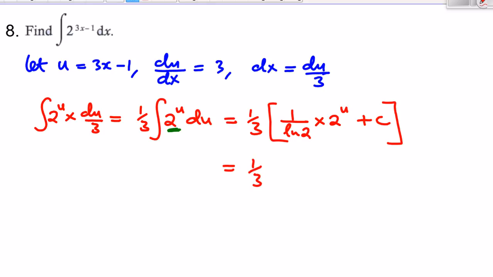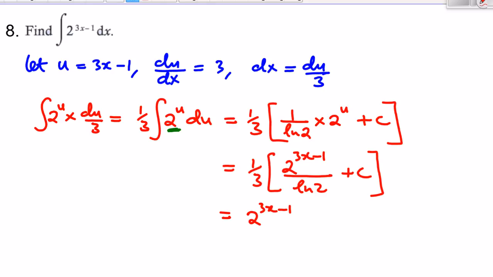So 1 over 3 times bracket 2 to power u, where u is 3x minus 1, over ln 2 plus c. And just finish this off, and we can write this as 2 to power 3x minus 1 over 3 ln 2 plus c. Looks better that way.